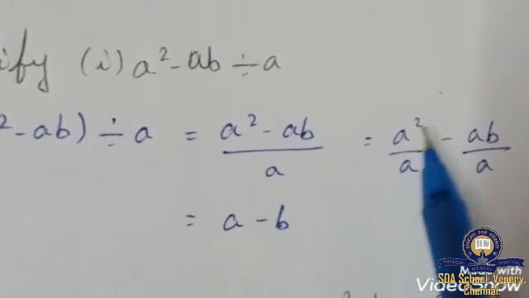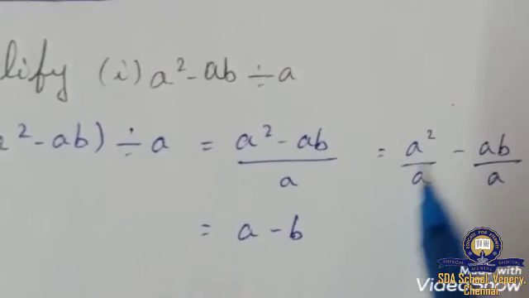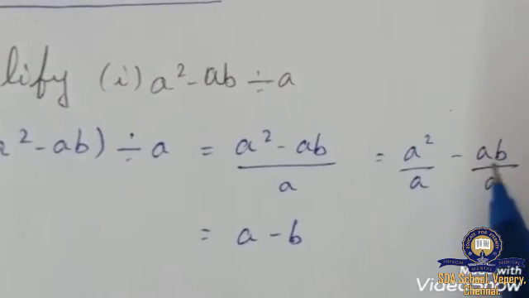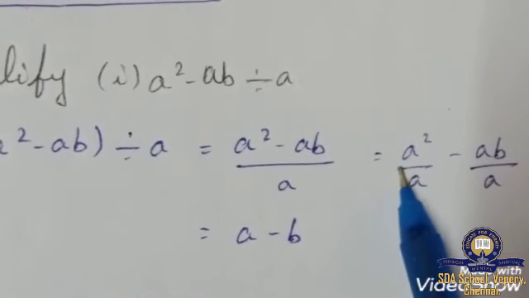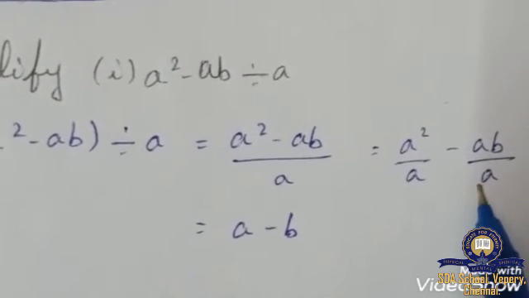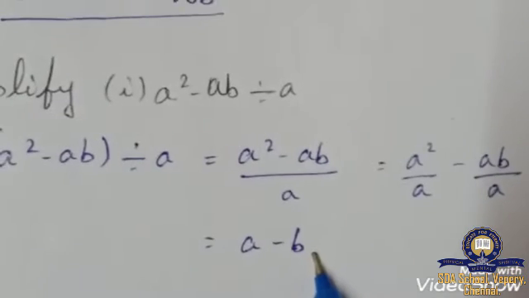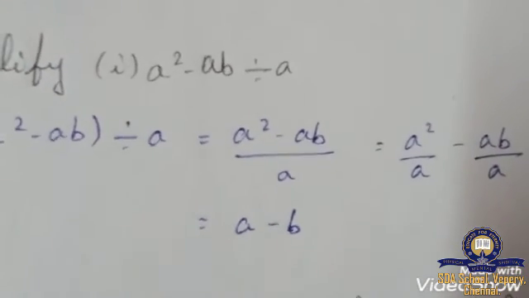So when we split this we get a square by a minus ab by a. When we cancel a we get a, and when we cancel these a's we get b. So our answer is a minus b.